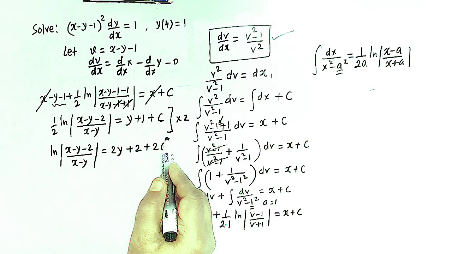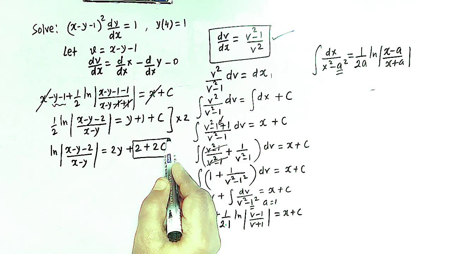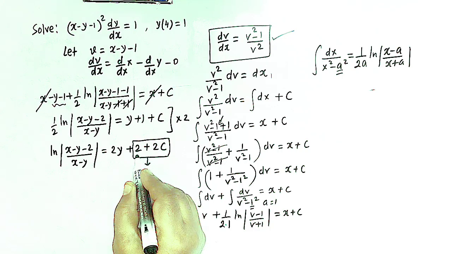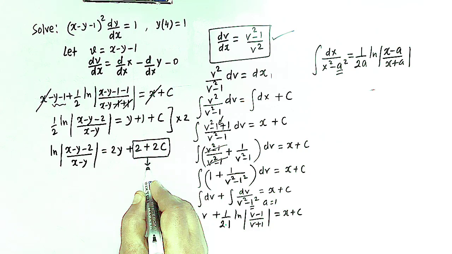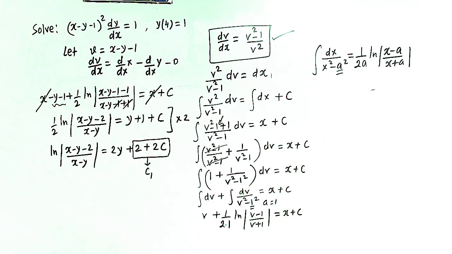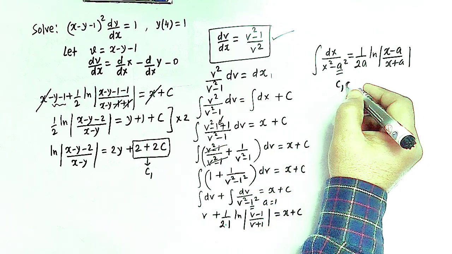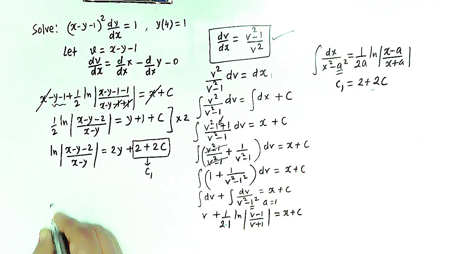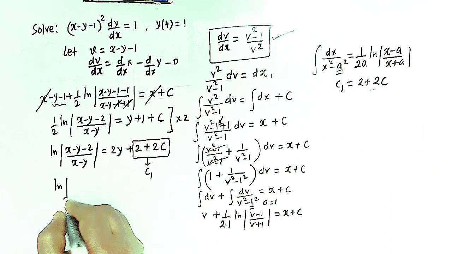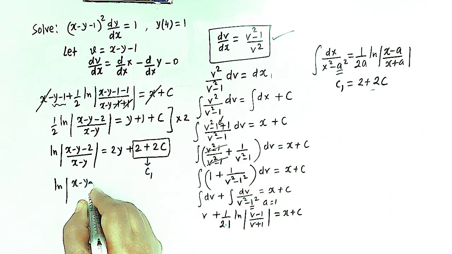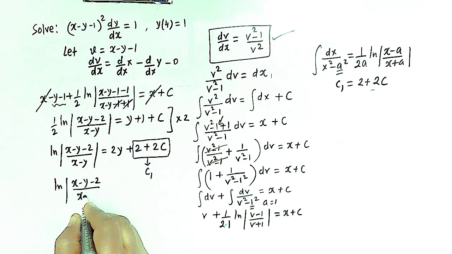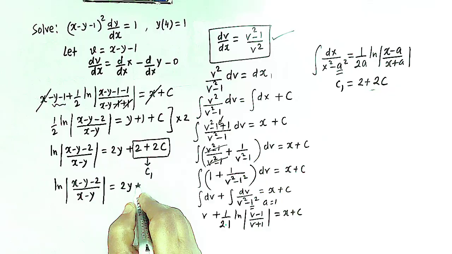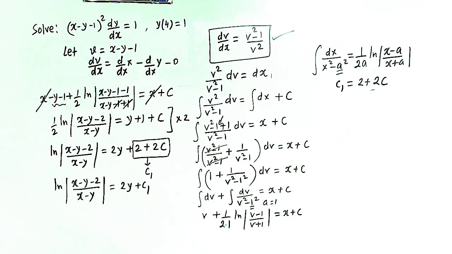So now we can see that 2 plus 2c is a constant. So let us replace 2 plus 2c by some other constant, say c1. So let us write c1 is equal to 2 plus 2c. So we have now log of x minus y minus 2 over x minus y, and here we have 2y plus c1, right?